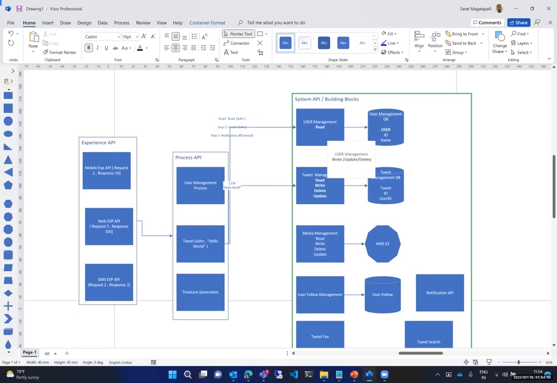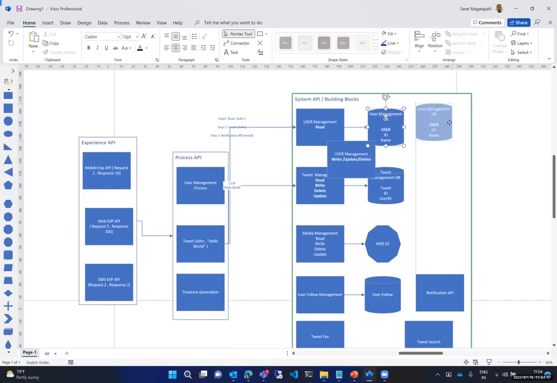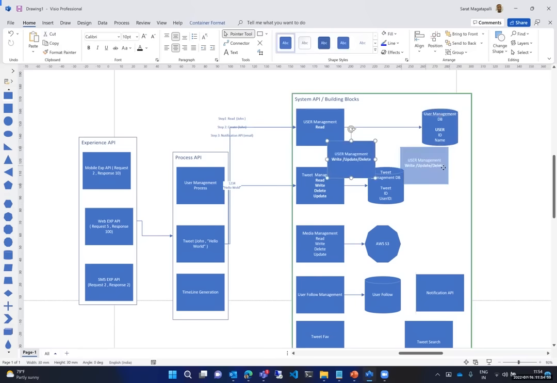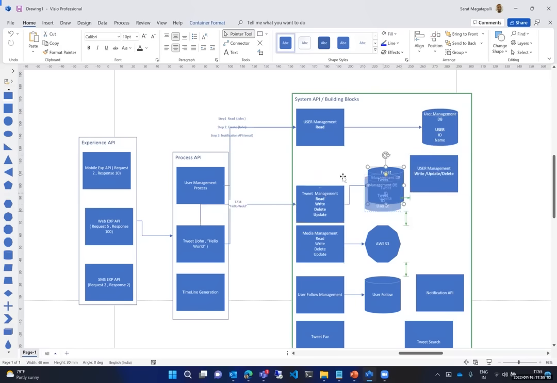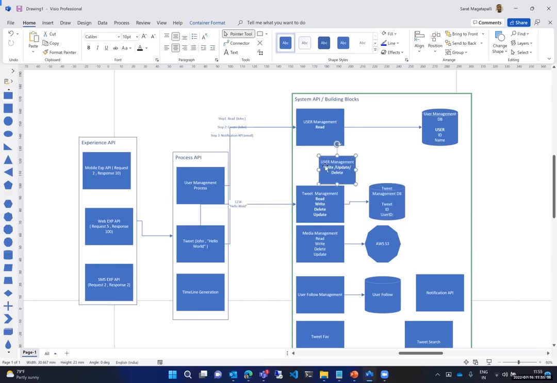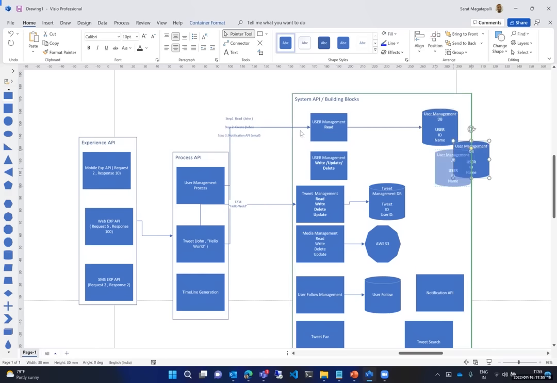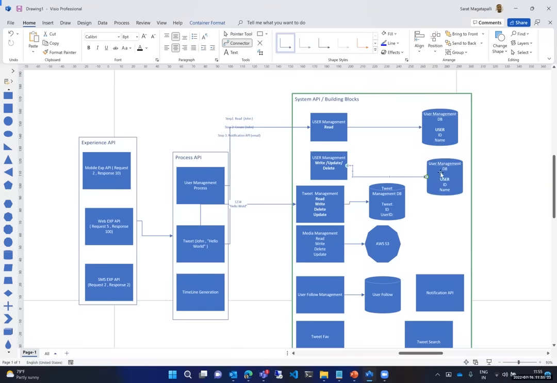This is nothing but using the single responsibility principle: we are breaking our modules into different responsibilities, one for read and one for write. Write occurs against a separate database, the user management database, and read occurs against another database. How will the databases be kept in sync?